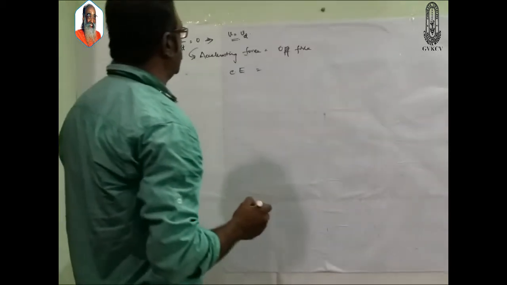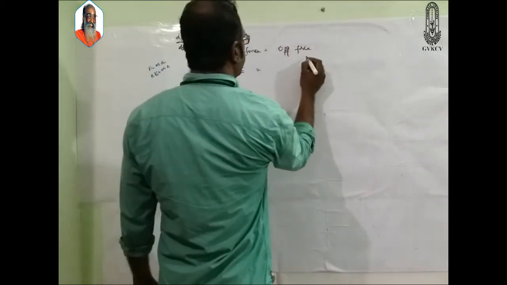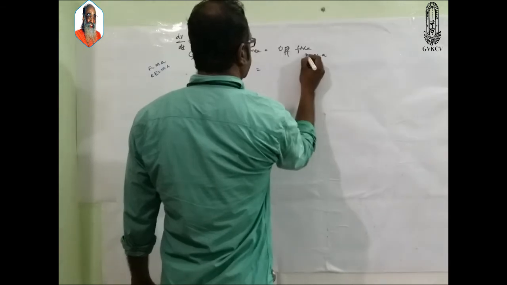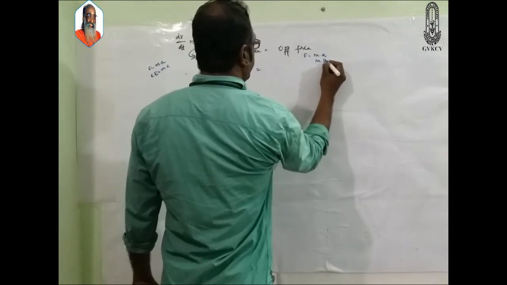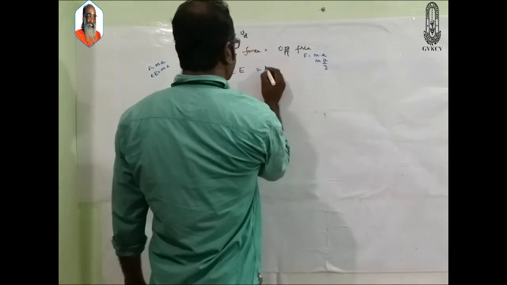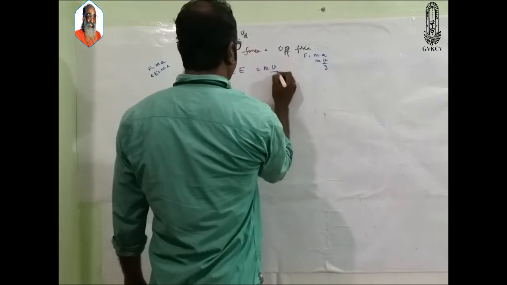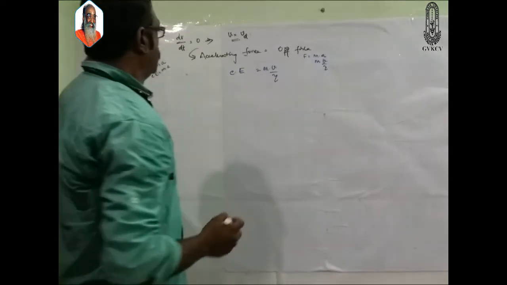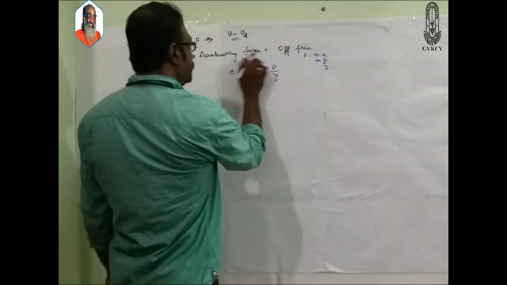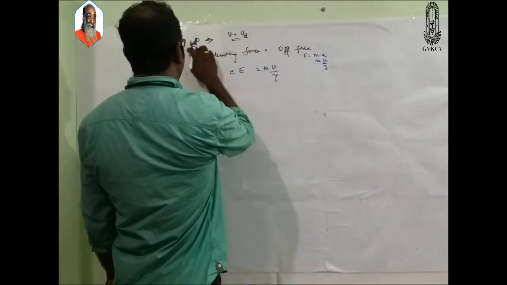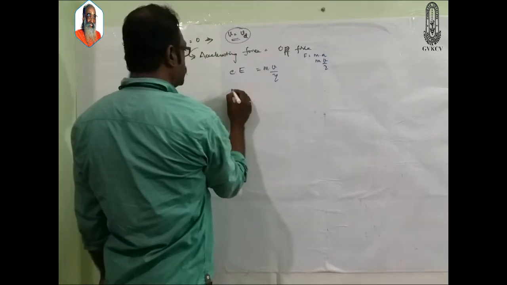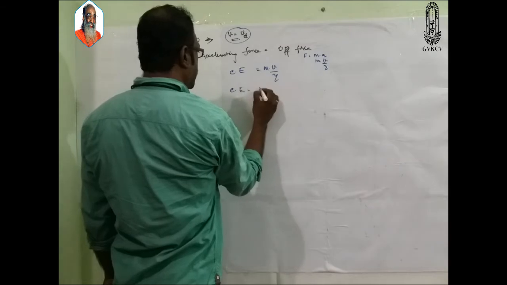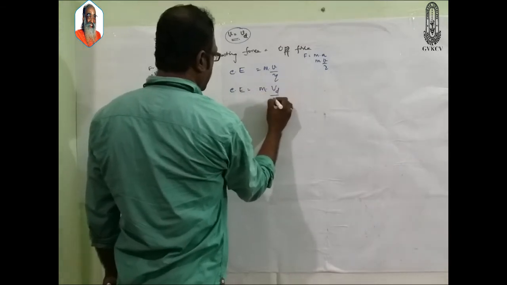Opposing force is mass into acceleration, and this acceleration is v by tau, isn't it? So m v by tau. And when these two are balanced, we can replace this v with Vd. So eE is equal to m Vd by tau.